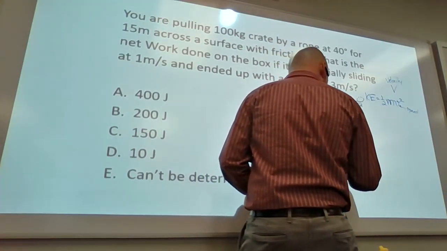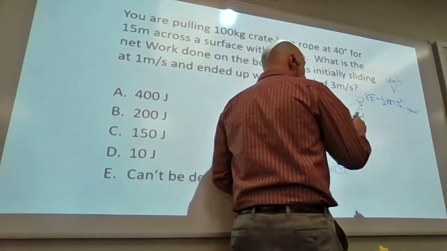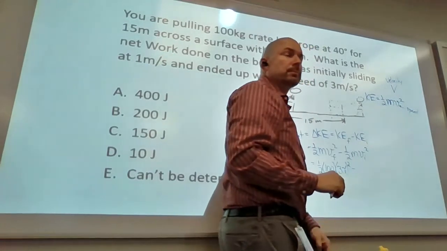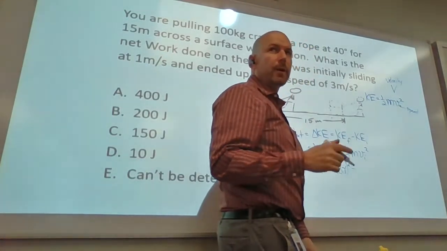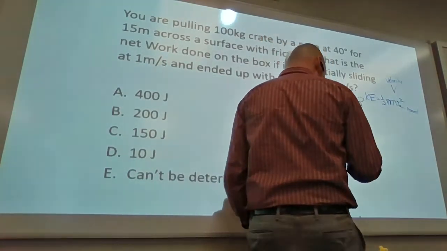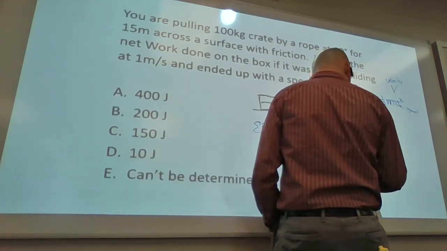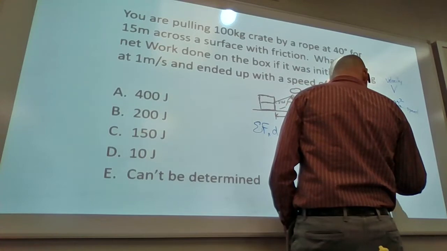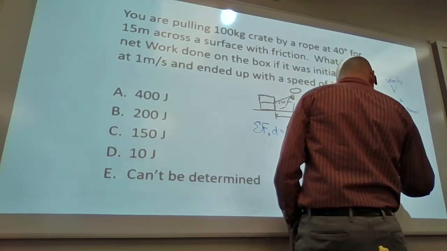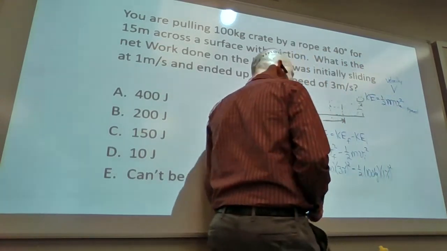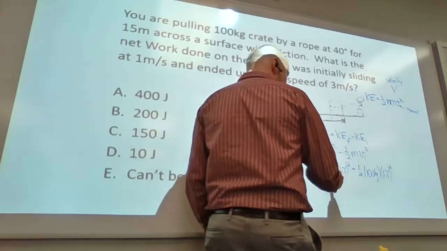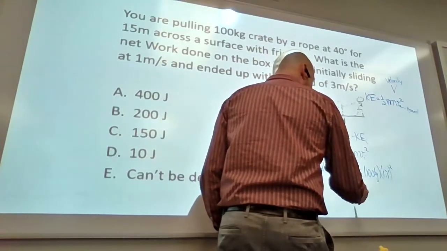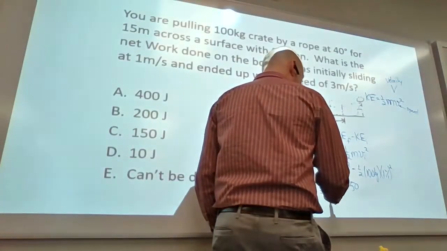Okay, here's another popular error. Do not subtract these two speeds and then square them. Order of operations says that does not work. So I get 450 here minus 50, 400 joules.